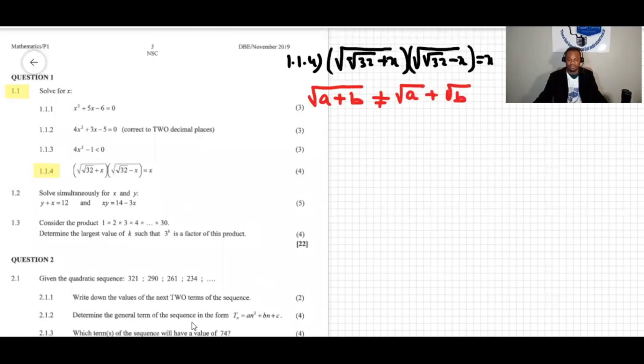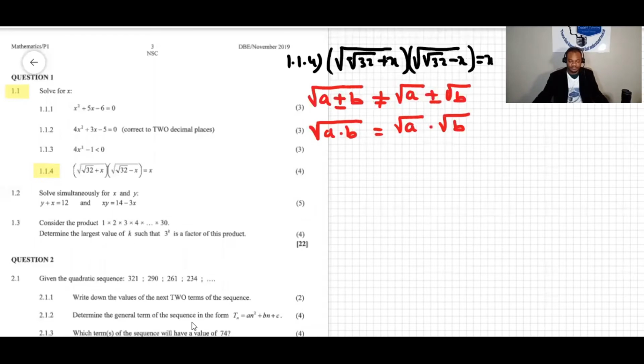This is not mathematically correct. But if you have the square root of a times b, then we can break it down into the square root of a times the square root of b. So this is the property we're going to apply here now.